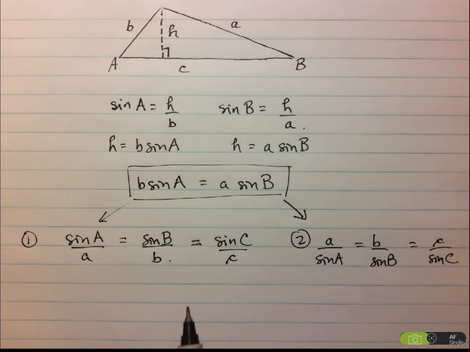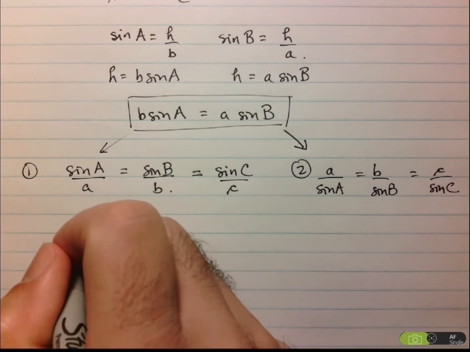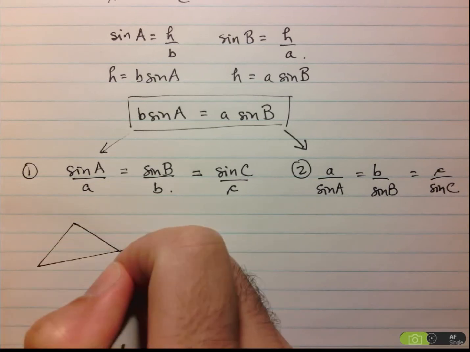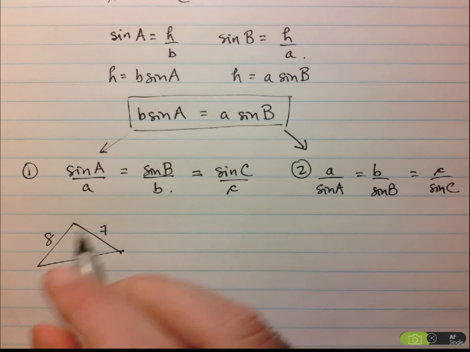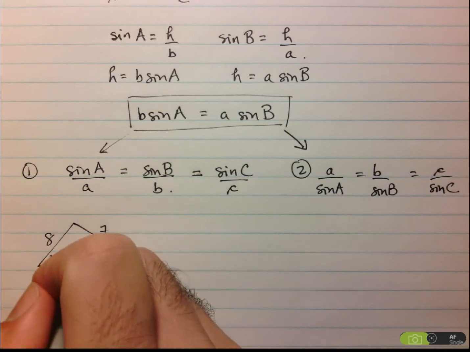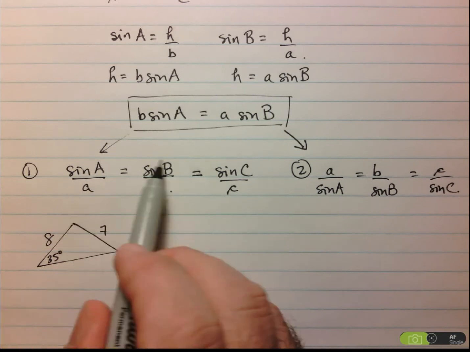Okay, so let's see how we can actually use this in application form. So let's say I have this triangle here. Let's say that's 8 and that's 7, and I know that this is an angle of 35 degrees. Well, let's see what I could determine, if I can determine anything here. Let's take a look at this equation here.